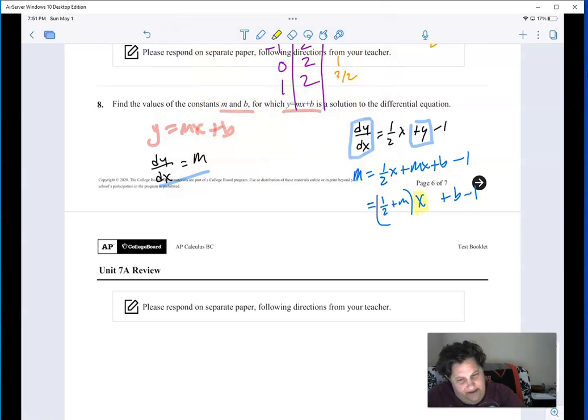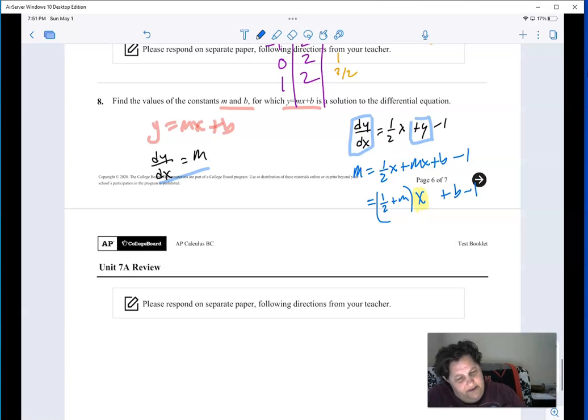This is an x value, but there's no x value on the other side. There's just an m value, so it's 0x plus m. So what I'm going to do is set the x value parts next to each other, which means 1/2 plus m equals 0. And then I'm going to set the non-x value parts next to each other. b minus 1 equals m.